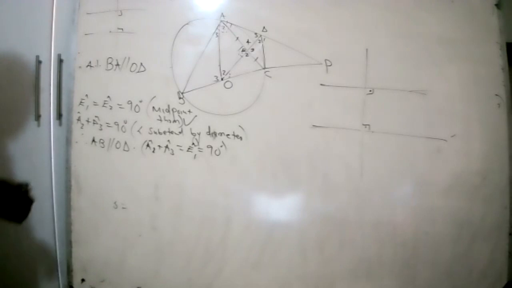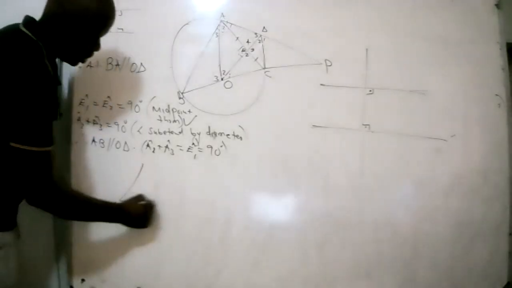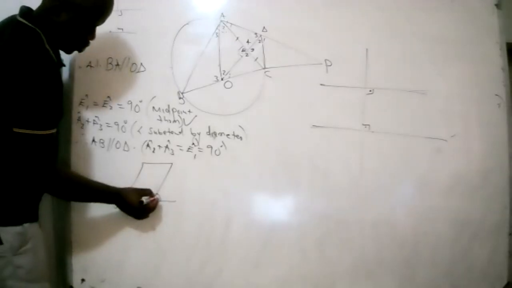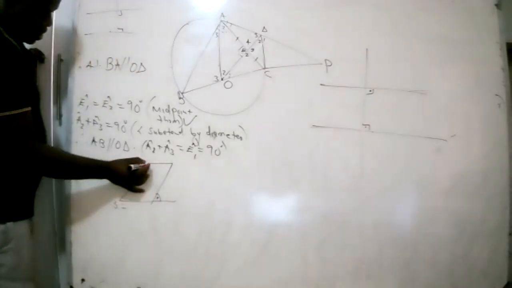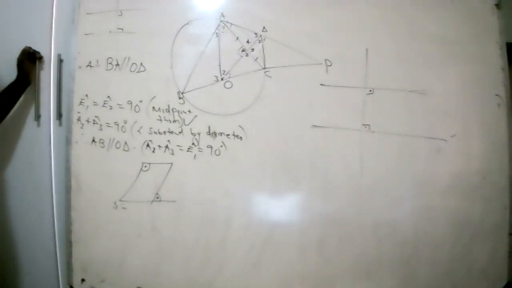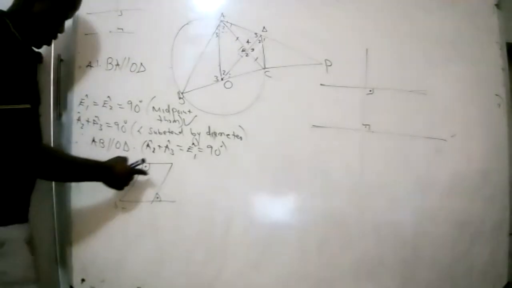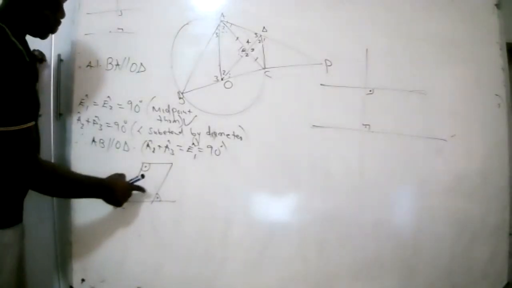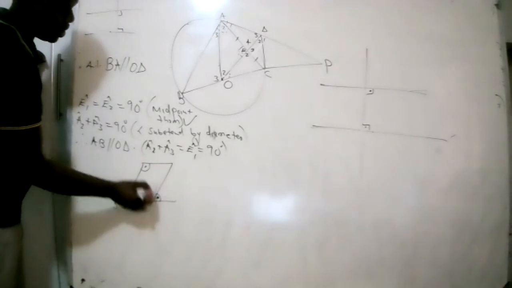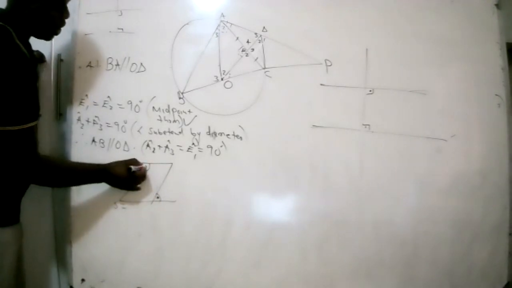I can simply tell you that we can show this by showing that this angle here is equal to the angle we have up here. I believe you still remember this theorem: to show that this is a cyclic quadrilateral, we need to prove that this angle down here is equal to the angle up there.